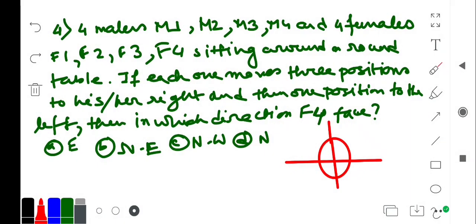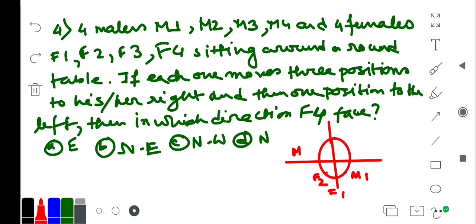Okay. So suppose there is M1, so there must be F1, there must be F2, and they will be facing away from the table as shown.